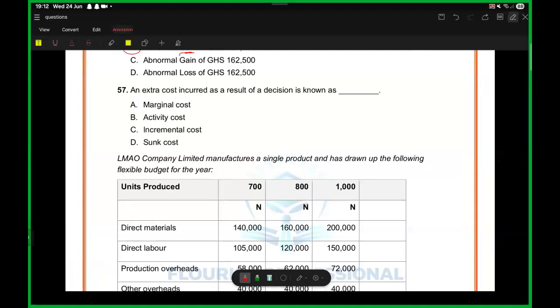So the extra cost you incur as a result of a decision, we call it incremental cost. Sunk cost is what we call past cost. Activity cost is cost per activity which is undertaken. A marginal cost is the additional cost you incur as a result of producing one unit. But the cost you incur as a result of making a decision is called incremental cost.